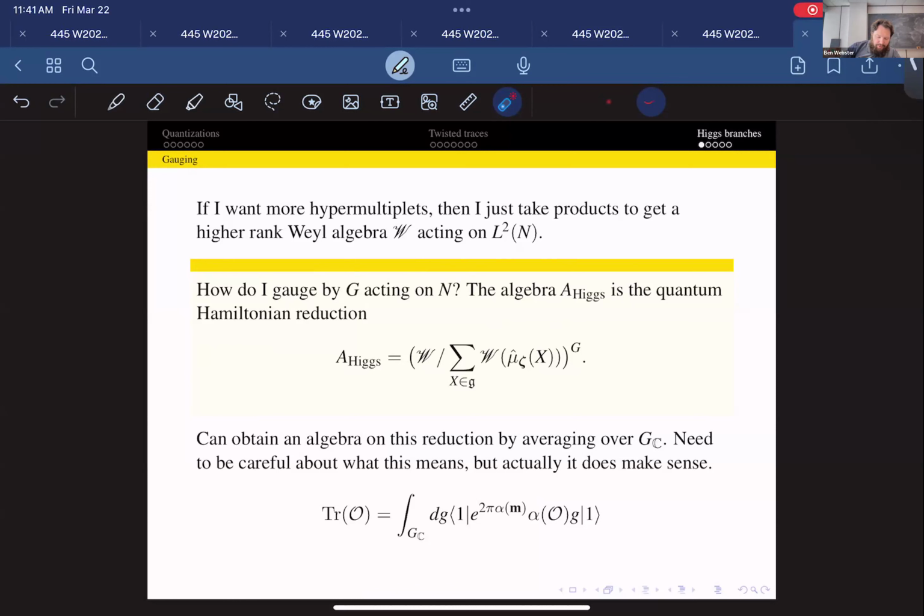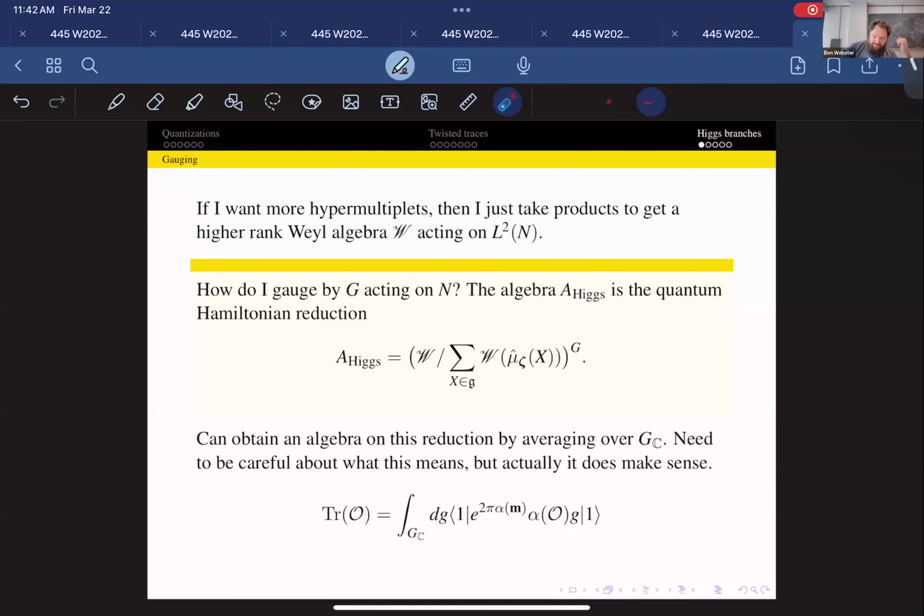So the first thing I would do is take more hypermultiplets. I just replace C by a higher dimensional complex vector space, which I was calling N. So I would replace L2 of C with L2 of N. That's got a higher rank Weyl algebra acting on it. Everything is simple.